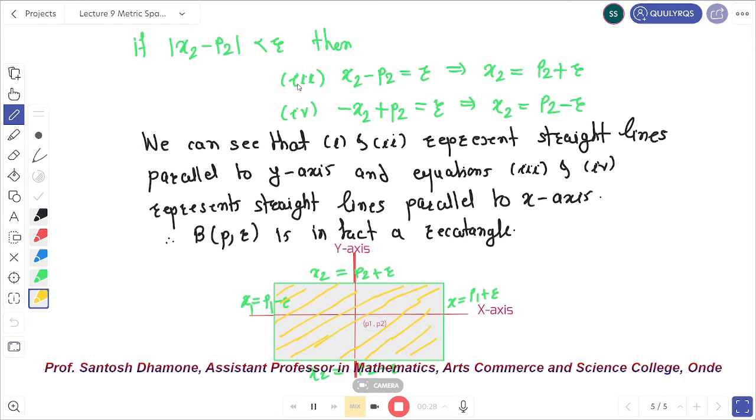Now our next problem, fifth problem, example 5.